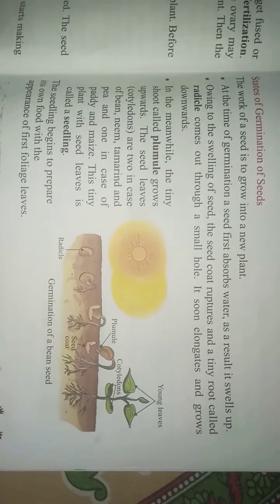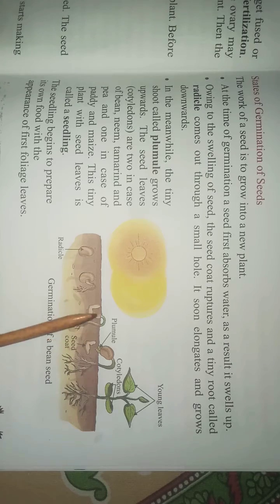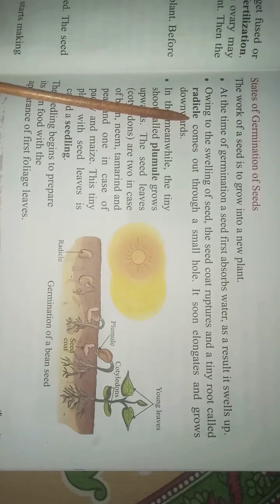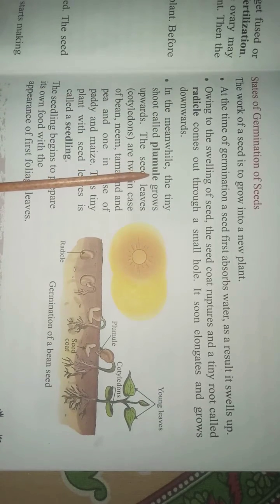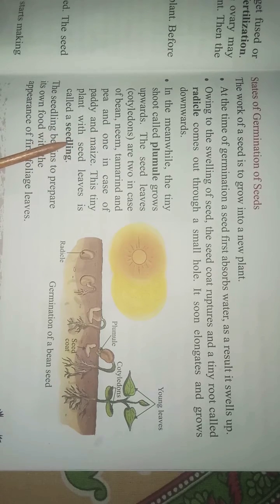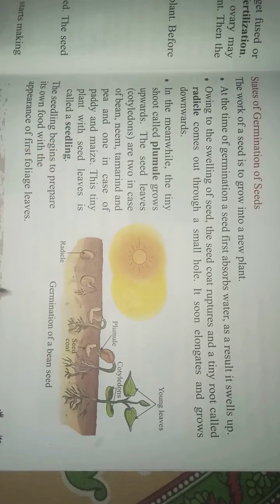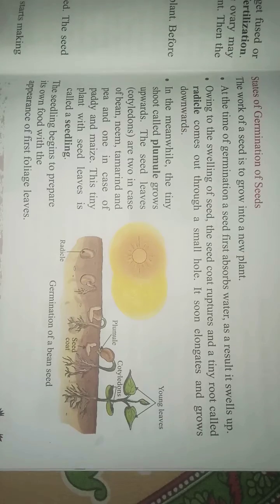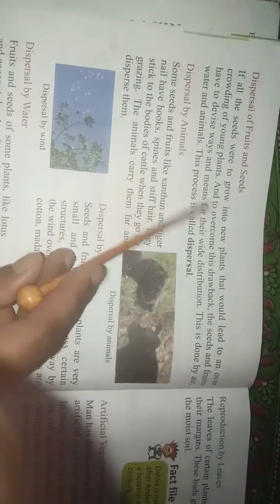When a seed grows into a new plant, first it forms a radicle, then a plumule, then a small seedling. After that we have studied the dispersal of fruit and seed.